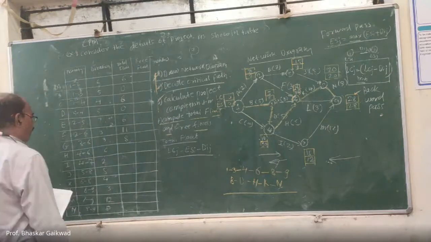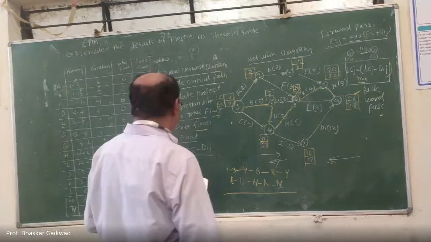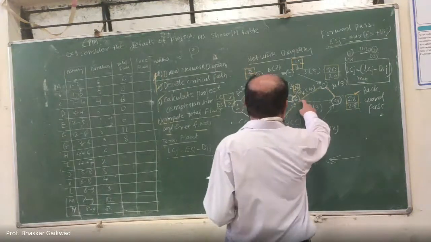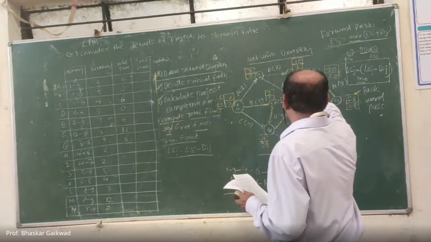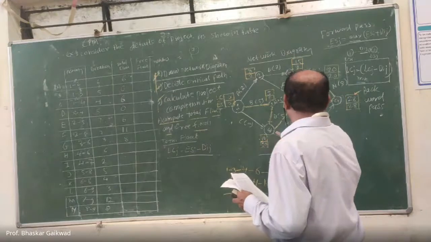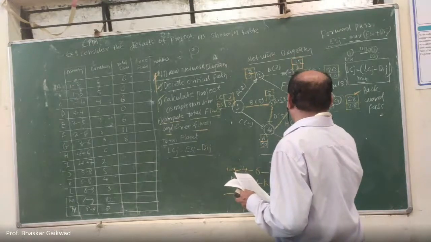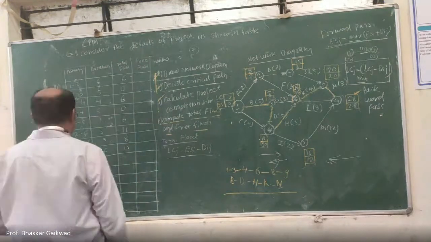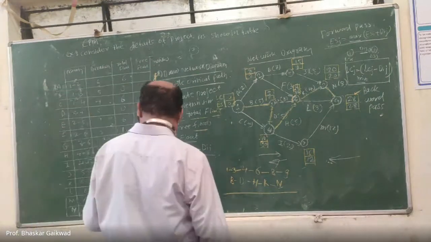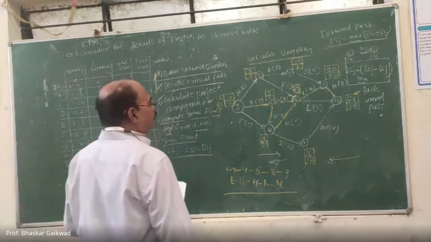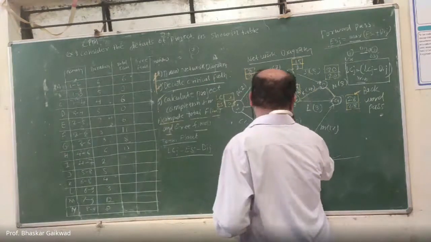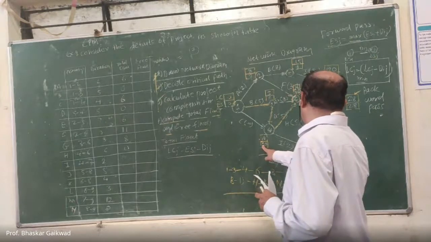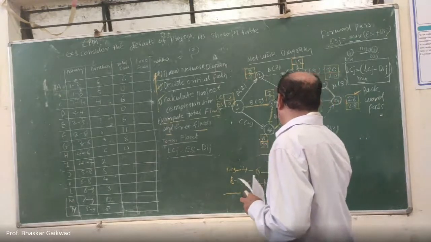Then H. H activity, that is 4 to 6. So here 16 minus 10, 6 minus 6, 0. So here it is a 0. Then I activity, that is 4 to 7. Here it is 16. 16 minus 10, 6. 6 minus 2, 4.